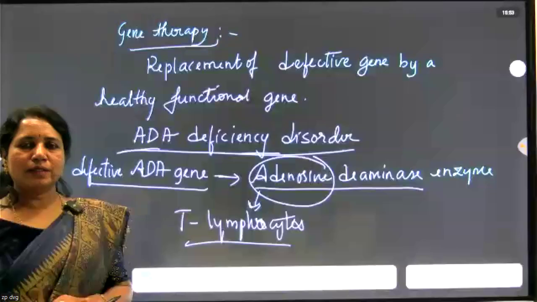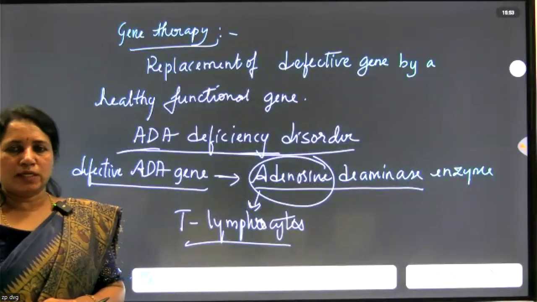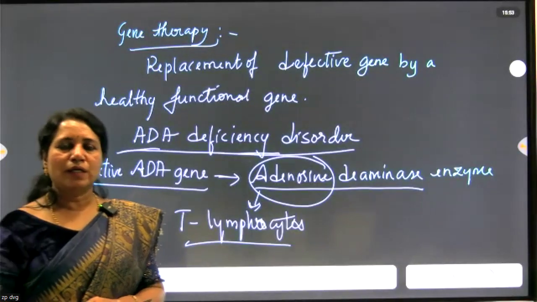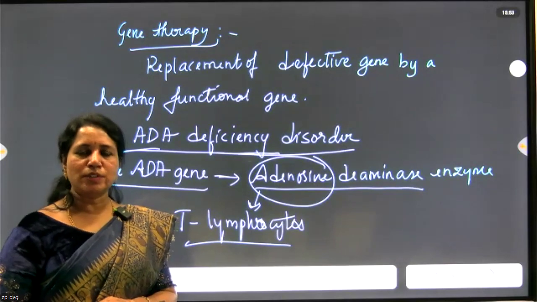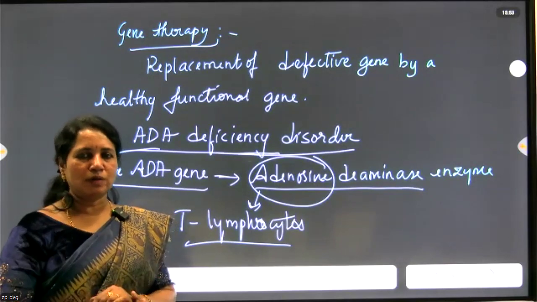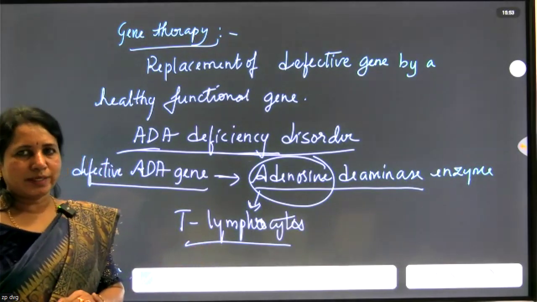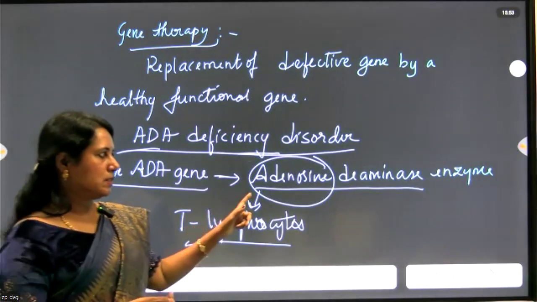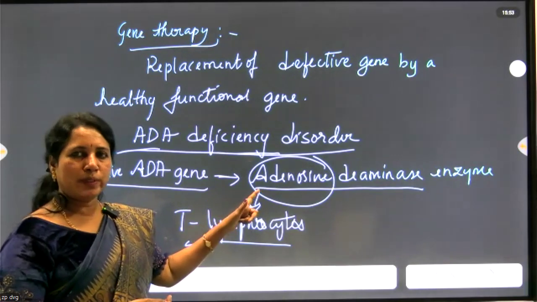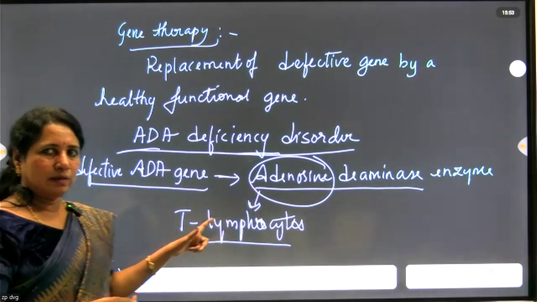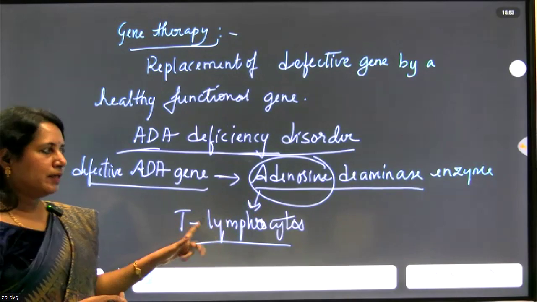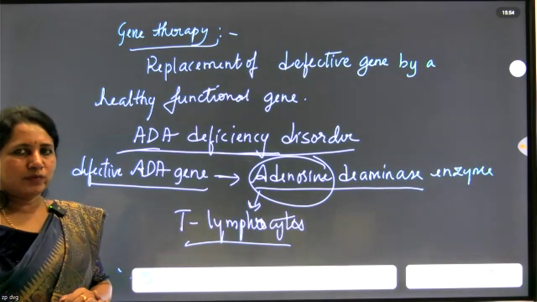That means either the patient does not produce any antibodies, or even if antibodies are produced, they are produced in very small quantities due to the absence of T lymphocytes. So adenosine deaminase has to function properly for the production of normal T lymphocytes.